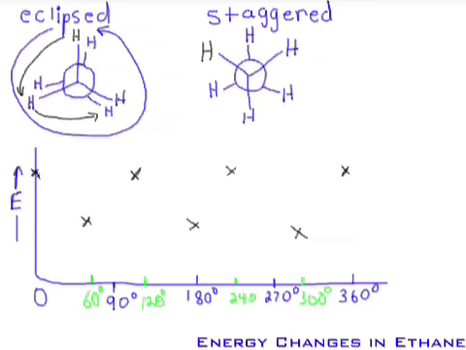So now we can draw a curve representing the energy change that we get. Apologize for the quality of my curve. It's just approximate. And what you see here is a plot of energy as we rotate this H through all the conformations.